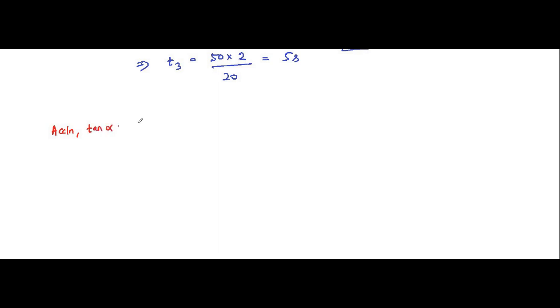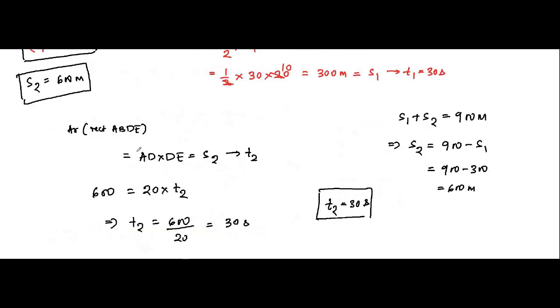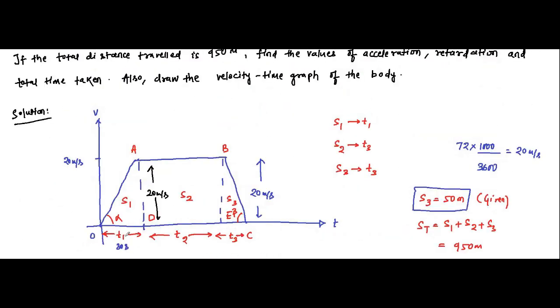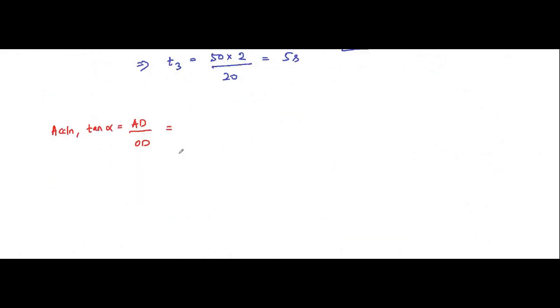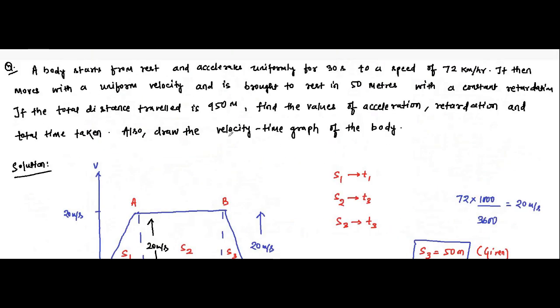AD is 20 and T1 is 30 seconds, so 20 meters per 30 seconds, that is equal to 2 by 3 meters per second square. That is the acceleration.